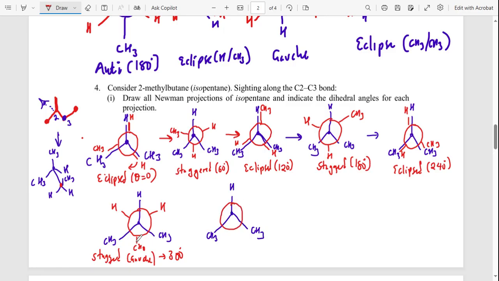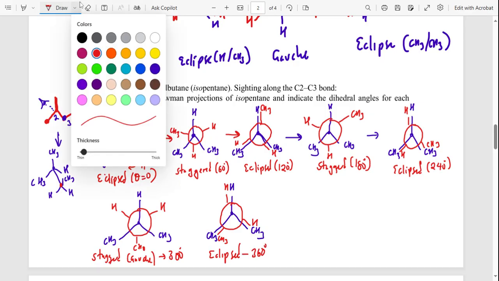Okay, so this CH3 that is down will come and eclipse with the CH3 this side, the hydrogen on top, on the corner will eclipse, this hydrogen also will eclipse. So this is an eclipse configuration, and the bond angle here is 360 degrees.